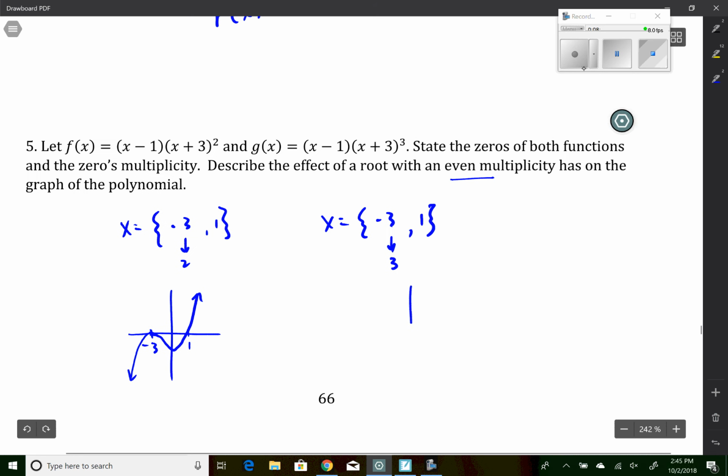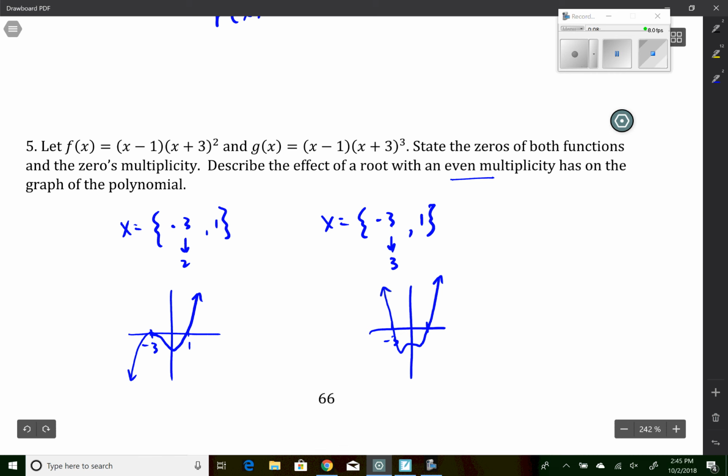For g of x, I know it's also going to pass through -3 and +1, but it's going to completely go through -3. It's going to do something here and then completely go through +1 and end like that.